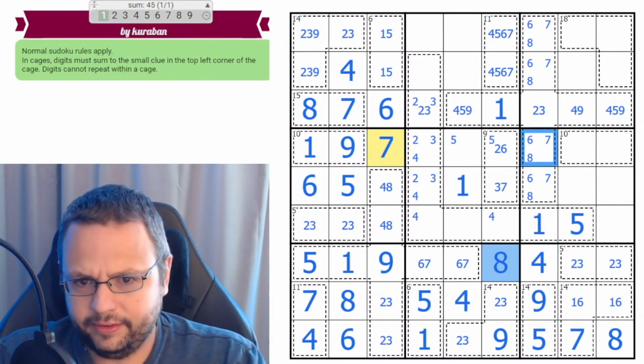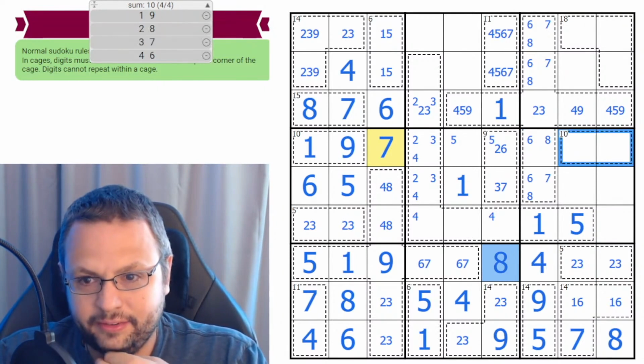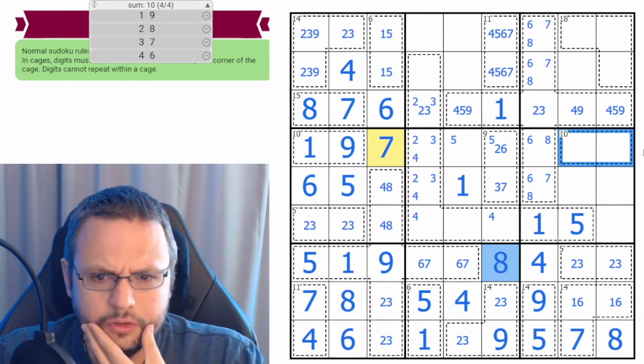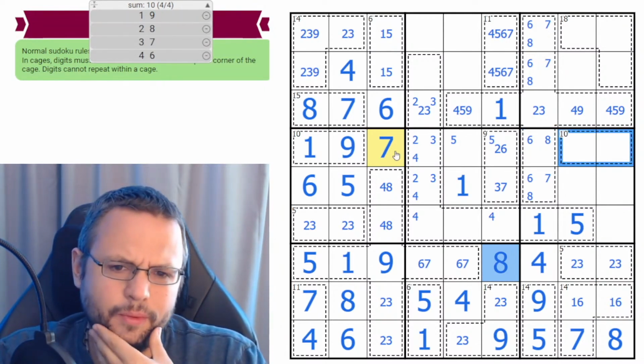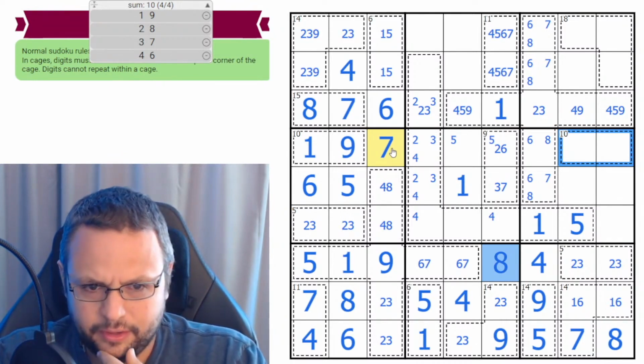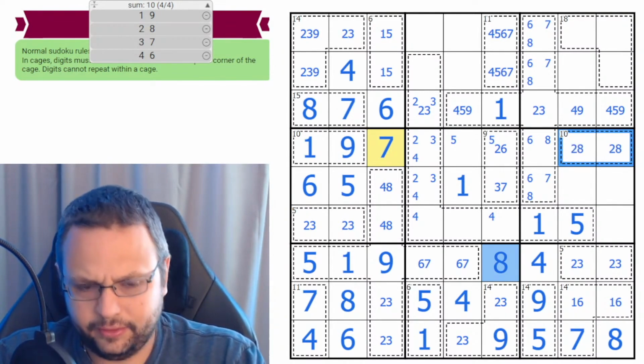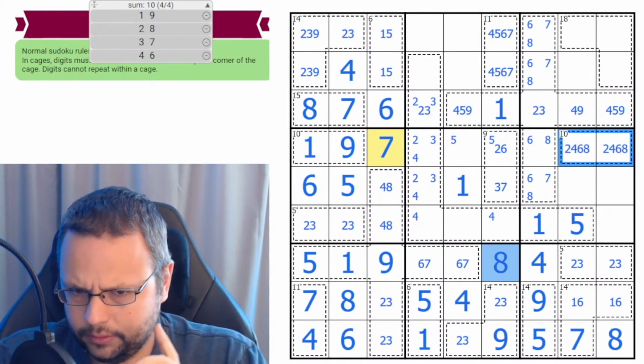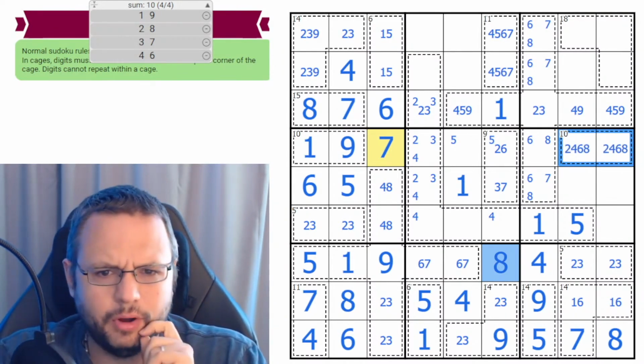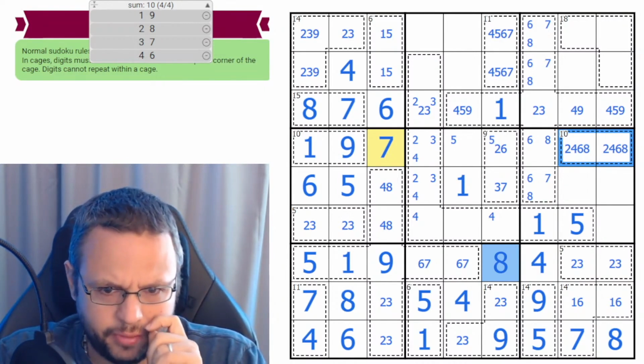So this isn't a 7 anymore. There's not a 7 here. So this is not 1 9, it's not 3 7. So this is 2 8 or 4 6. Don't see anything wrong with either of those right off the bat.